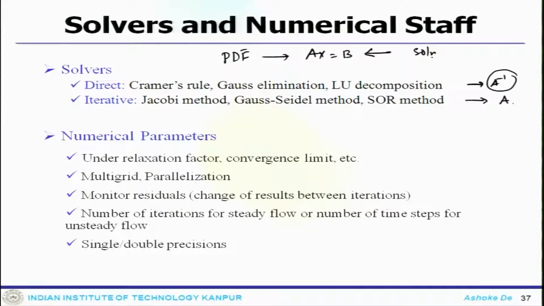The parameters that actually control the whole business are the under relaxation factor, the convergence limit, and how you parallelize the system, that means how I efficiently get a solution of this linear system. Then the residuals, that means how things are converging with time, the error between each of these iterations or the physical problem, and how quickly the error is getting reduced.